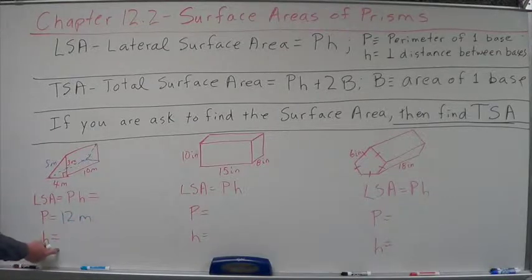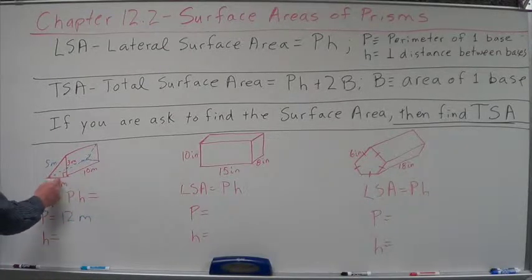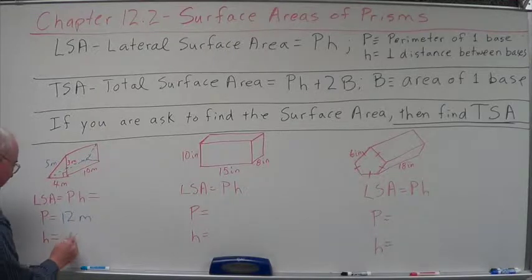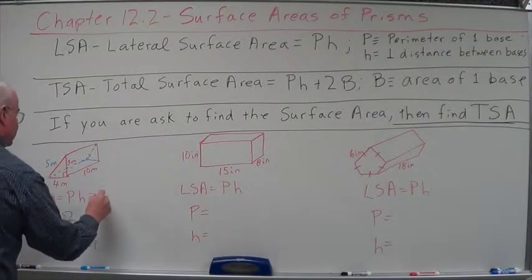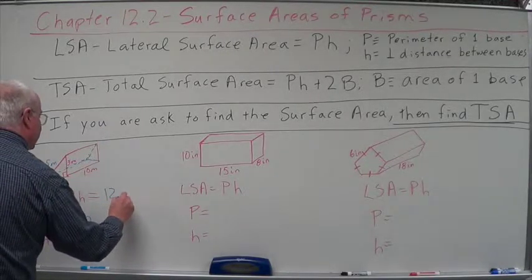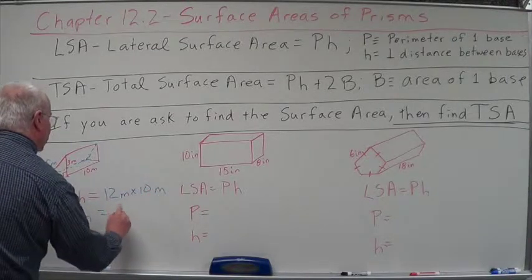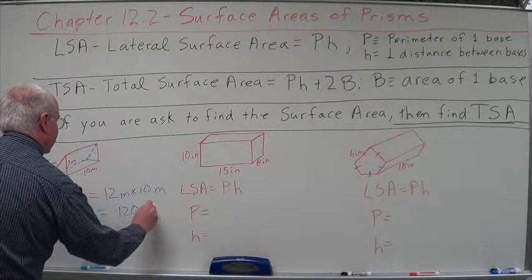Now, what is our height? The height is the distance between the 2 bases, or in this case, the right triangle bases. What is the distance between these 2 triangles? Well, it's 10 meters. So this equals 12 meters times 10 meters, which equals 120 meters squared.